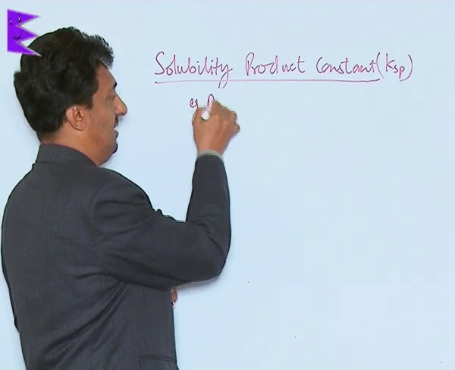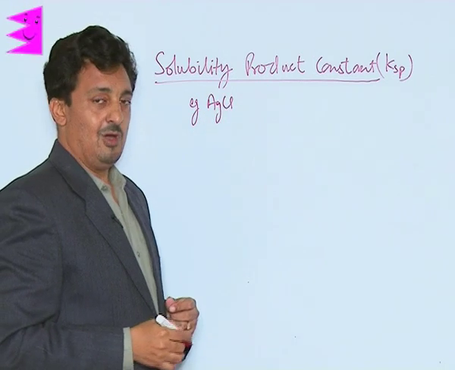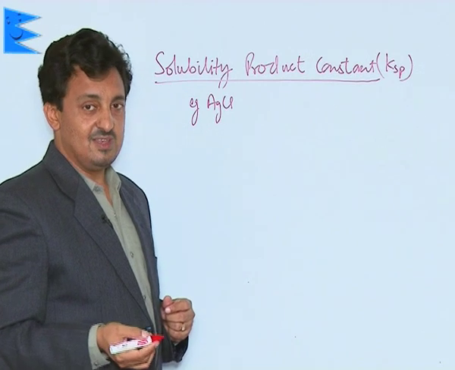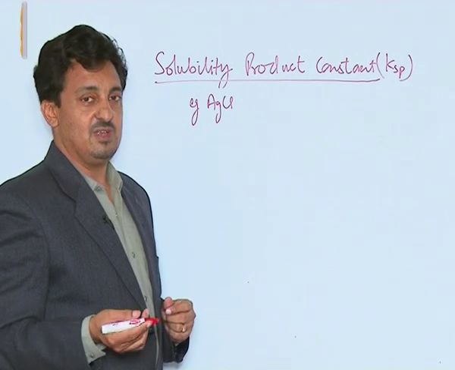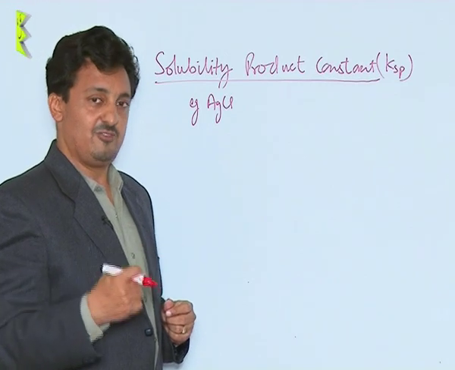Let us take an example of a salt called silver chloride. We all know it very easily gets precipitated out, and its precipitate is white in color, and it is often used to detect chloride ion concentration when silver nitrate solution is added.